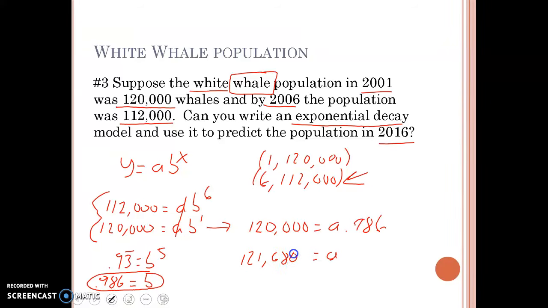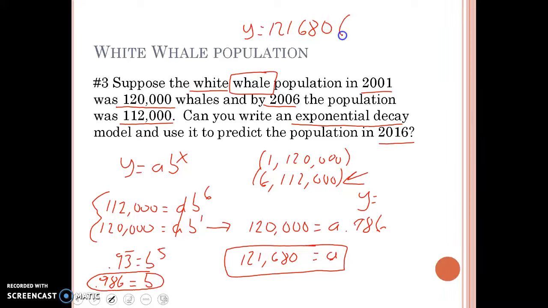And I used the full decimal for b. So my final equation is going to look like this. Let me write it up here: y equals 121,680 times the growth factor, which is 0.986, close to that, to the x power.